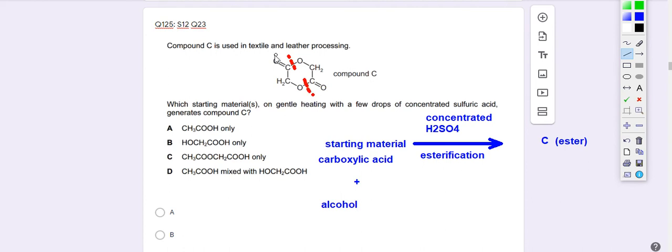So this whole part is from one starting material, and this whole part is from another starting material. Here's how they join and form compound C. 2 carbon here, 2 carbon here also.